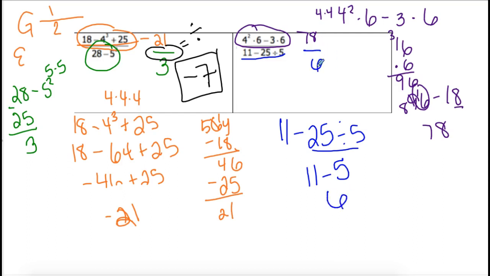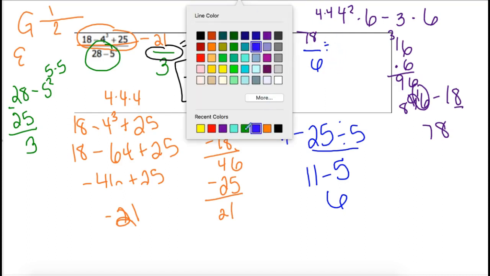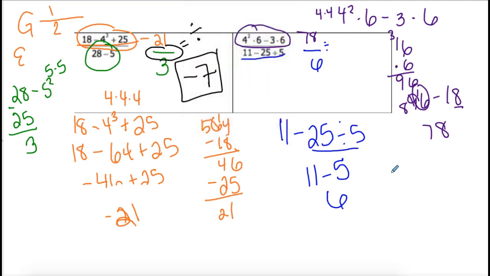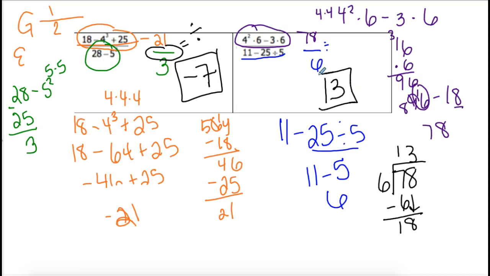So what I need to do then is 78 divided by 6. So let's give that a try. Let's try in black. So if I do 78 divided by 6, 6 goes into 7 one time. 6 goes into 18 3 times. That makes my final answer 13.